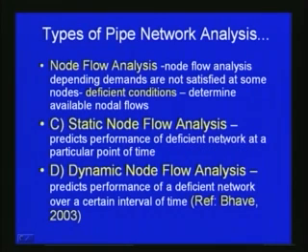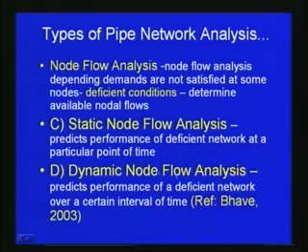In a very similar way, for dynamic node flow analysis, we predict the performance of a deficient network over a certain interval of time, and at various intervals of time we can find the flows through various nodes with respect to deficient conditions. These methodologies are also discussed in detail in the book by Professor Bhave, so those who are interested can refer to this textbook.